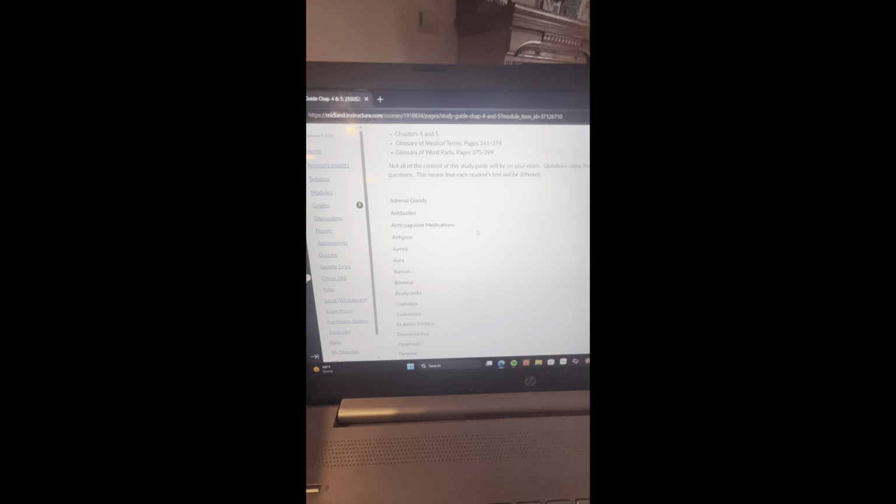So here are our vocabulary words. We have adrenal glands, antibodies, antifungal medications, antigens, apnea, aura, balloon, bilateral, bradycardia, cytoscopy, diabetes, dysmorphia, dysphagia. Anyway, it goes on. I usually like to put these through it.